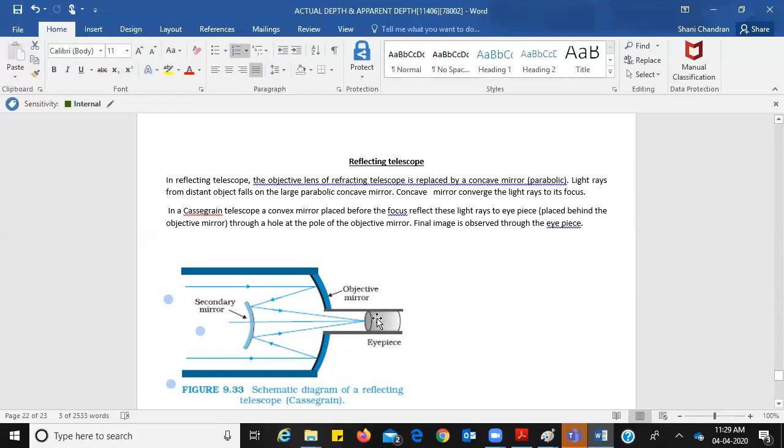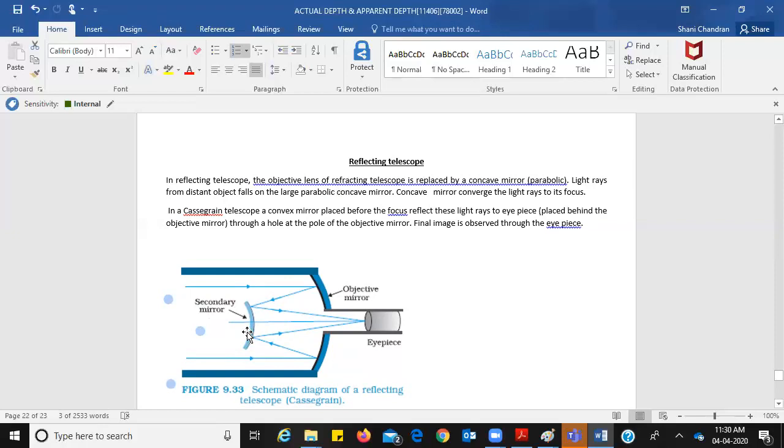By adjusting the eyepiece, you can form the image at the far point or near point. This diagram is not perfect because they show a large convex mirror. What you should do is draw all this very close to the focus and draw a very small convex mirror. Extend the light ray till the focus point and just draw a very small curve just before the focus. So it won't obstruct the light rays much.